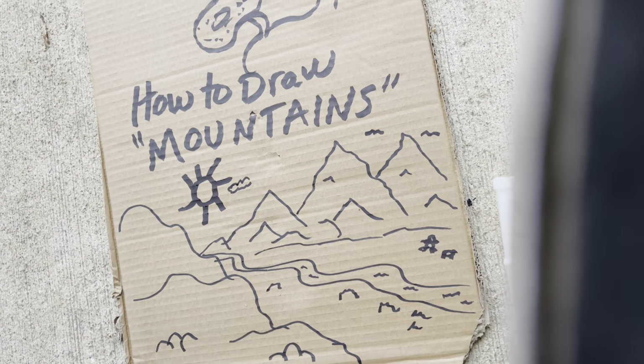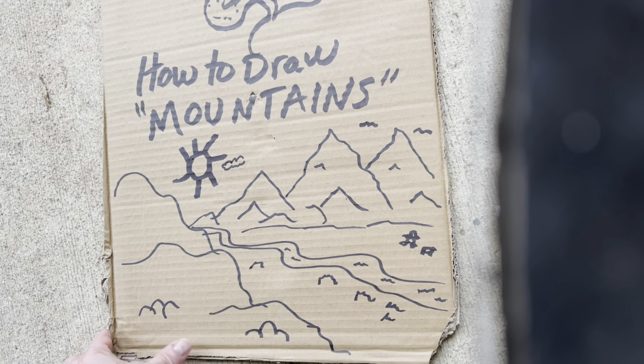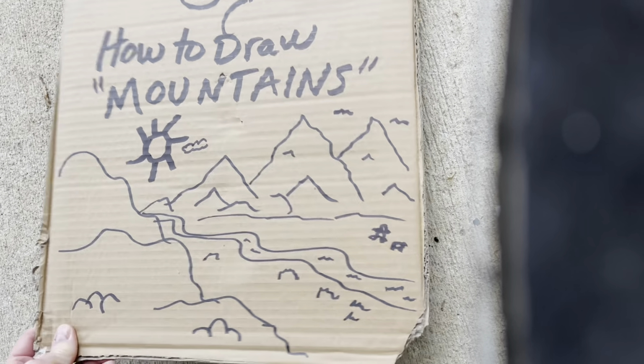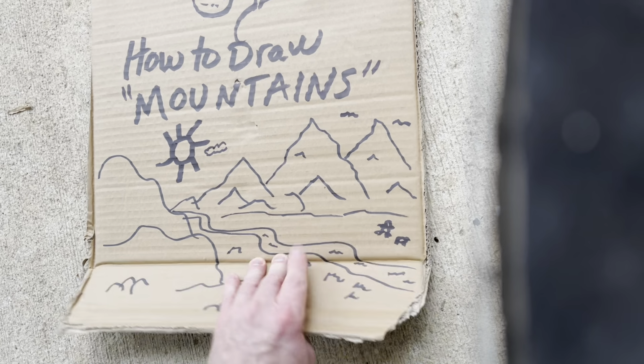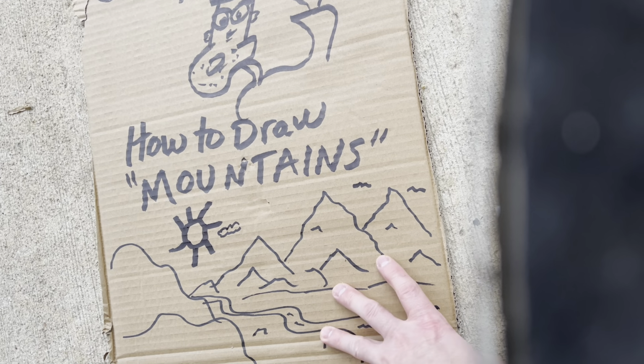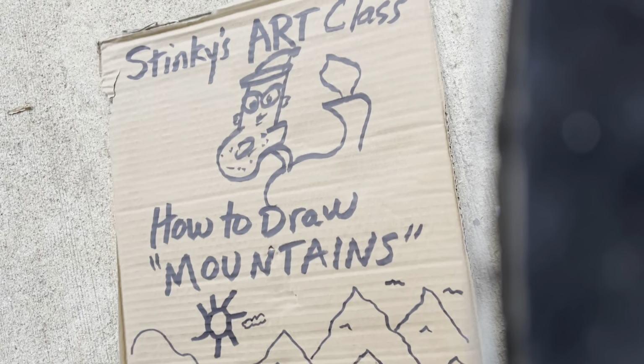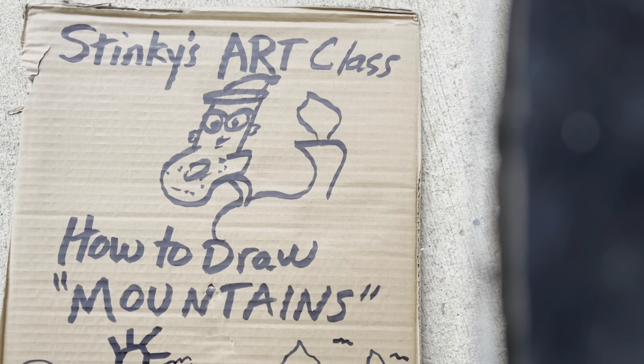If you've got some good art supplies, you can put some color in there. I just use this cardboard. It's flimsy, it's very inexpensive. Well, I get it for free. I just find it. I cut it down to size. I did a lesson on how I organize my canvases.